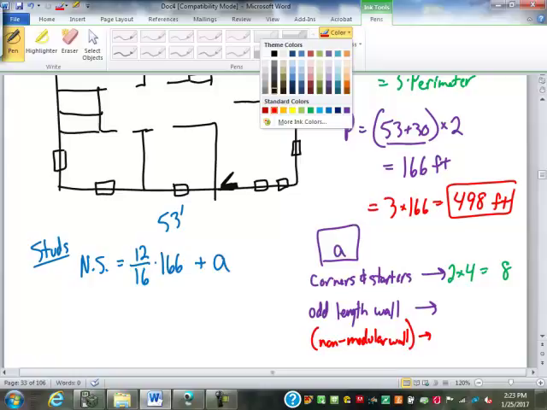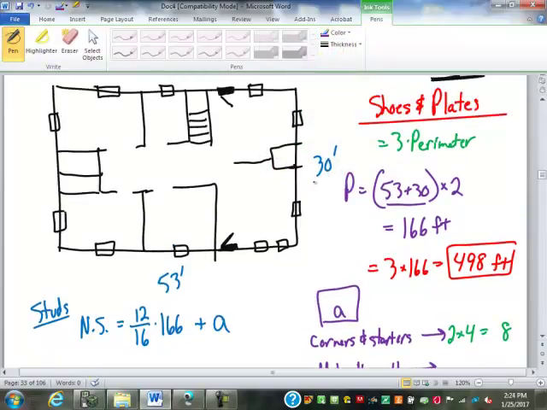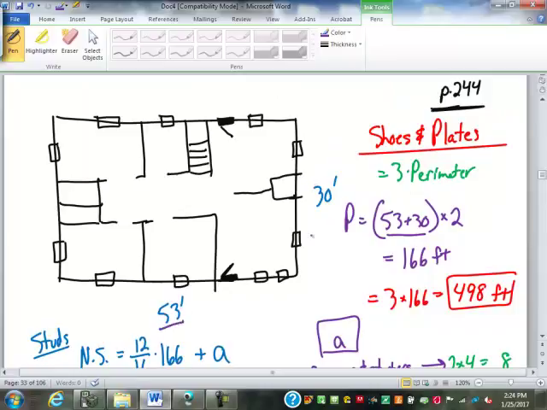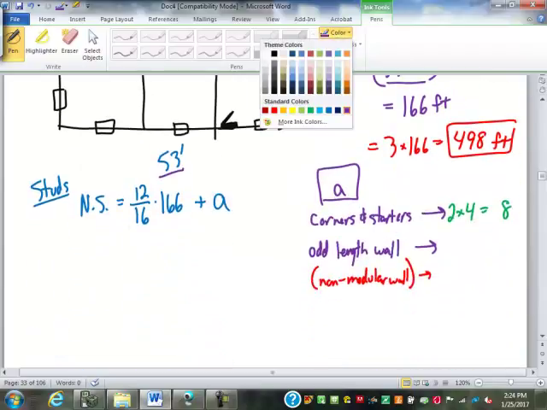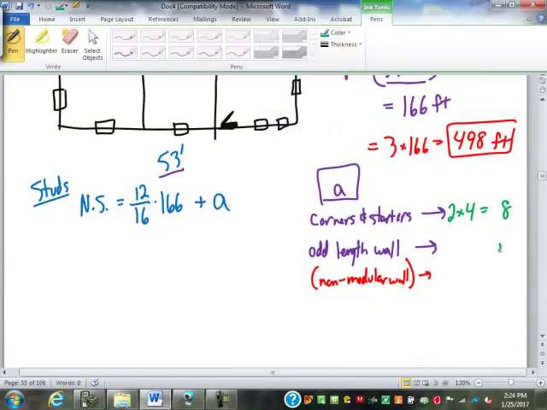They are considering the 30-foot wall to be an odd length wall. You add 1 for each odd length wall, in other words, each wall that is not divisible by 4. Well, this is 53 and this is 30, so all 4 of those walls are considered odd length walls. So that is 4 more for those. There's 1 times 4 walls.